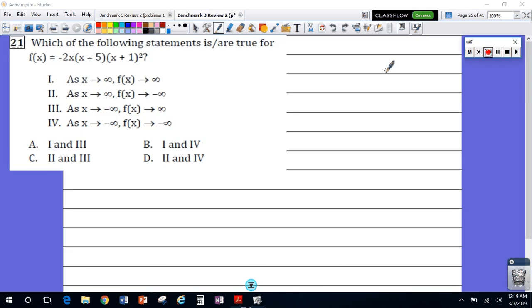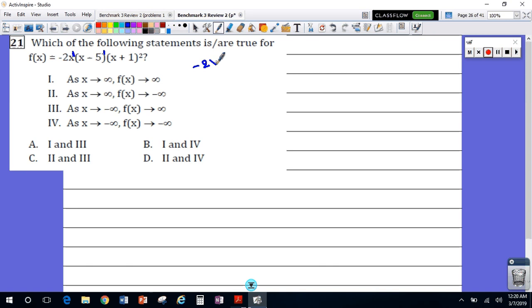Problem number 21. Which of the following statements is true for the given polynomial? First let us find the leading coefficient here. How many x's do we have? 2 x's here, and here it is 1, here it is 1, so it is x squared, x cubed, x to the fourth.